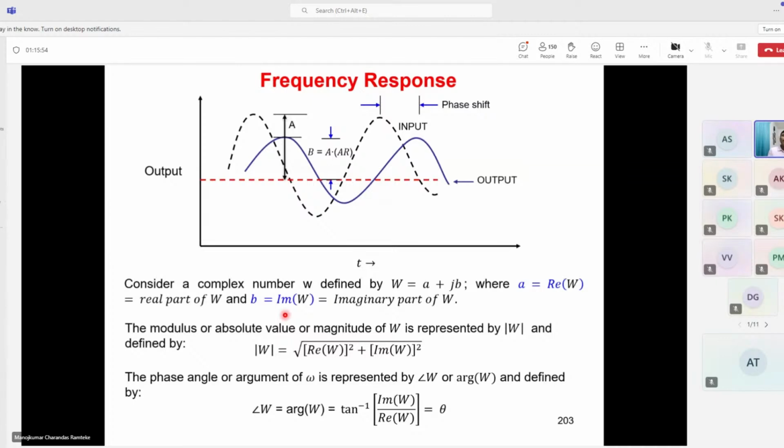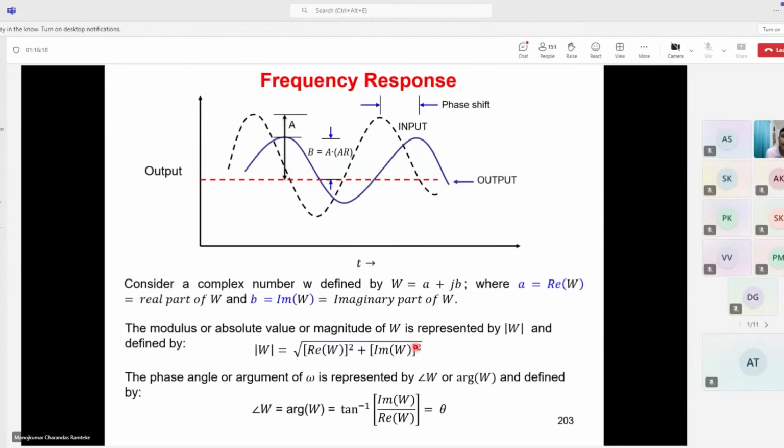Correct. Now, if I wanted to find out the magnitude of this complex function W, what will be the magnitude? Magnitude will be nothing but the square root of the square of the real part plus the square of the imaginary part.